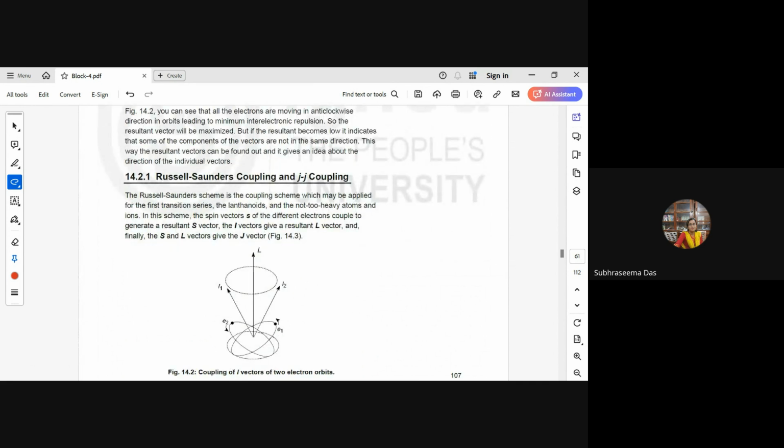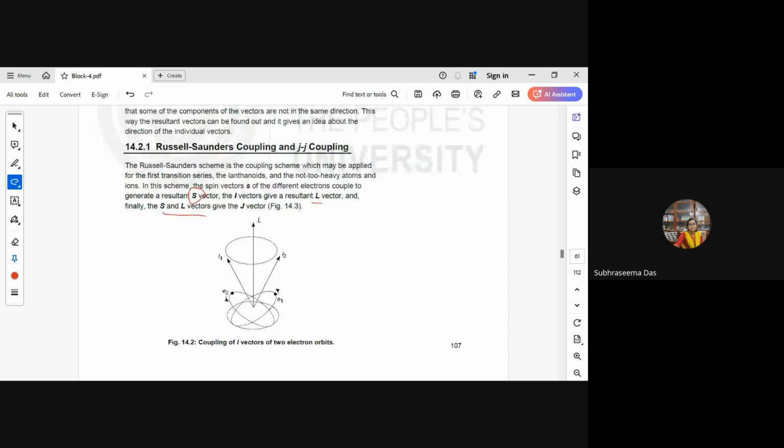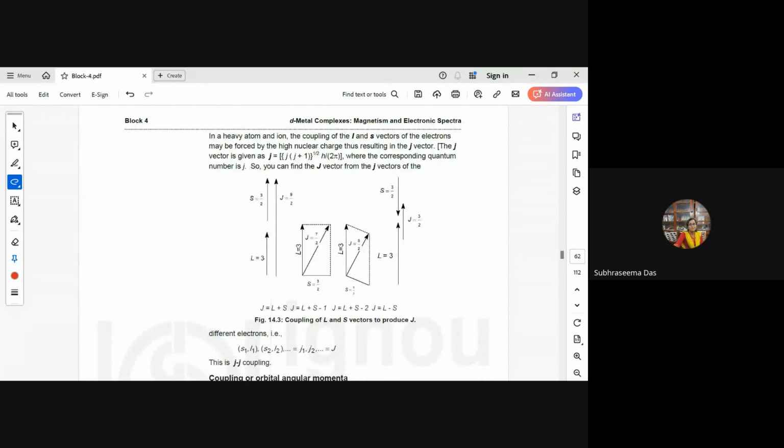Here the spin vectors S of different electrons couple together and finally form the resultant S, and all the L contributions come together and form the final L, and finally the S and L vectors combine to form the J vector. In figure 14.2 is the coupling of L vectors, and 14.3 shows the coupling of L and S vectors to produce J.